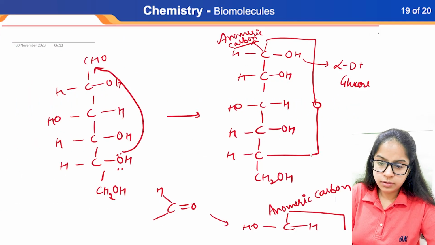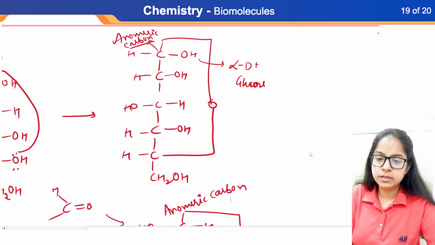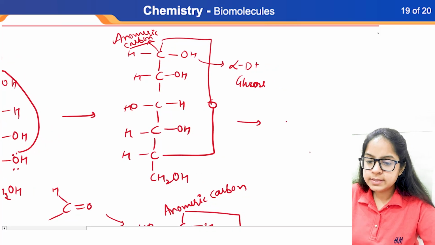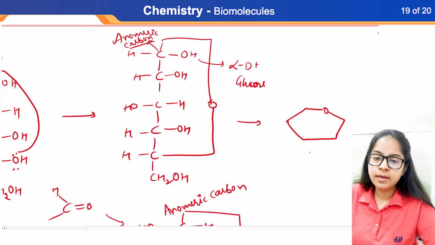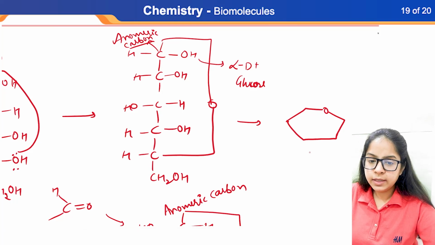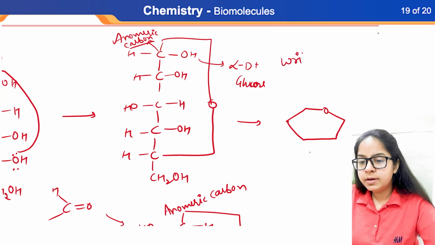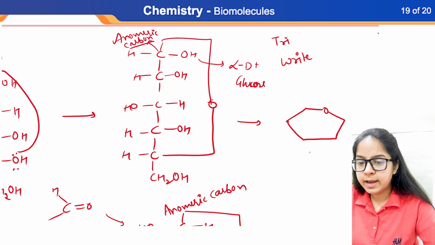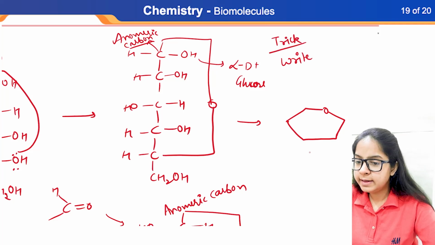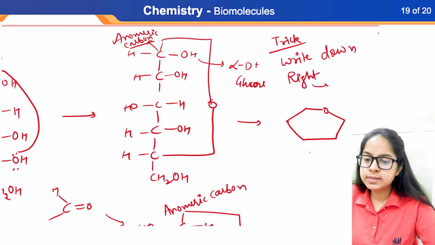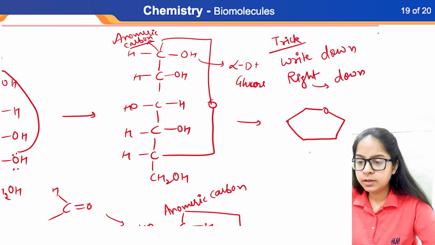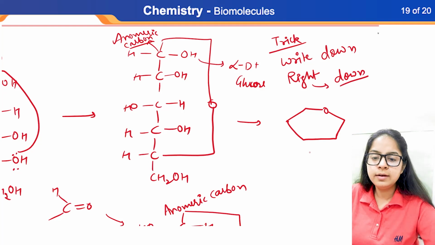Now, if I want to make the pyranose-like structure, you just need to make a six-membered ring. Okay, this is your six-membered ring. You need to remember this trick: if the OH is present on the right side, you need to put the OH on the down position.